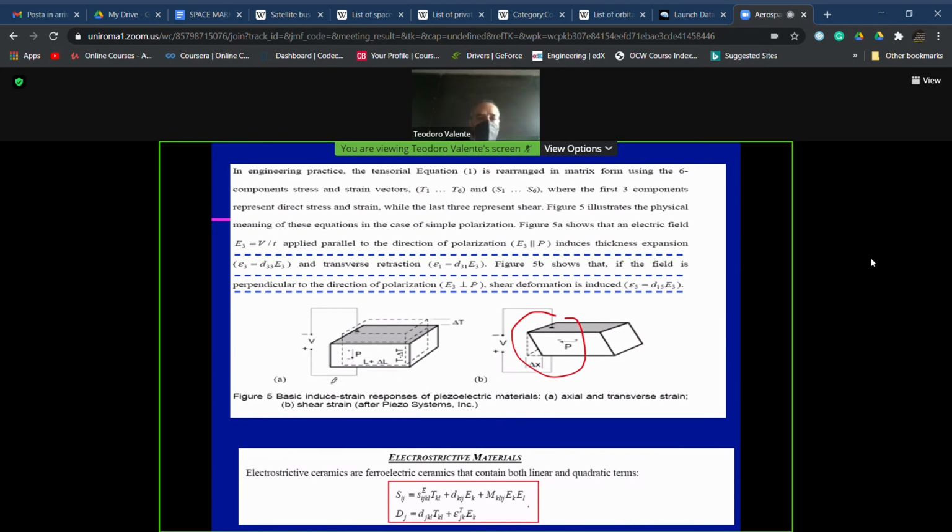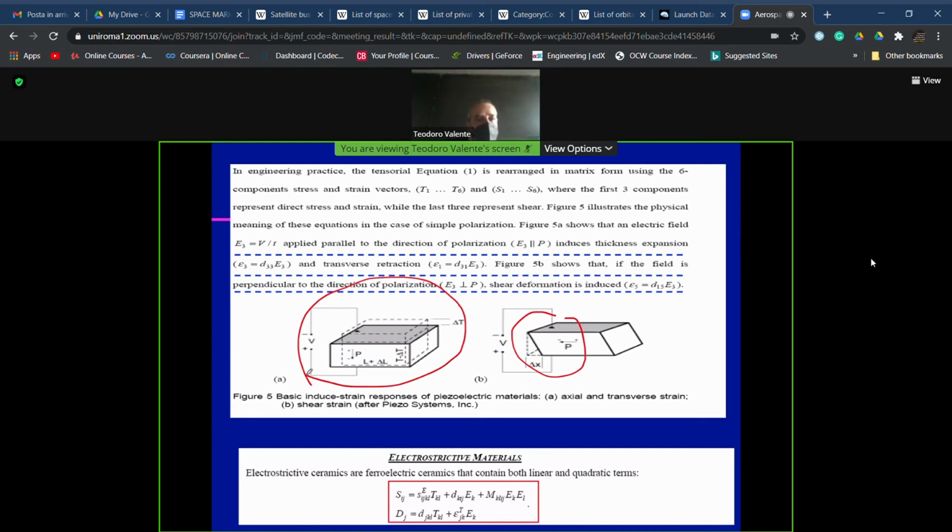And we usually refer to the case in which we have axial strain in order to use the piezo effect in piezo materials.